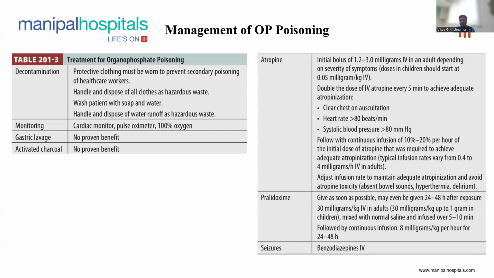Next is pralidoxime. It should be given as soon as possible and can be given up to 24 to 48 hours after exposure, but should be given as early as possible to prevent aging. The dose is 30 mg per kg, followed by continuous infusion of 8 mg per kg. If the patient has seizures, benzodiazepines will be given.